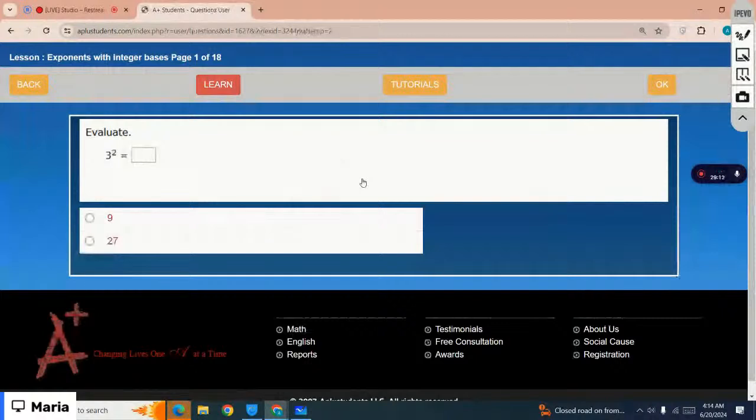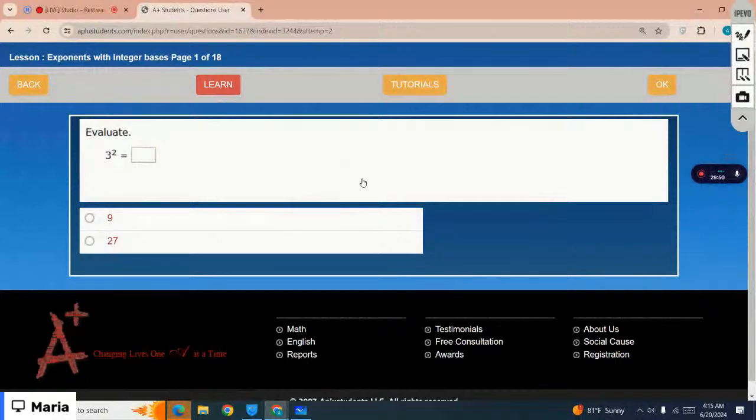3 square, which is the correct option? Yes, you have to evaluate 3 2 times. You need to do 3 times 3. Yes, the correct option is 9, option number 1.